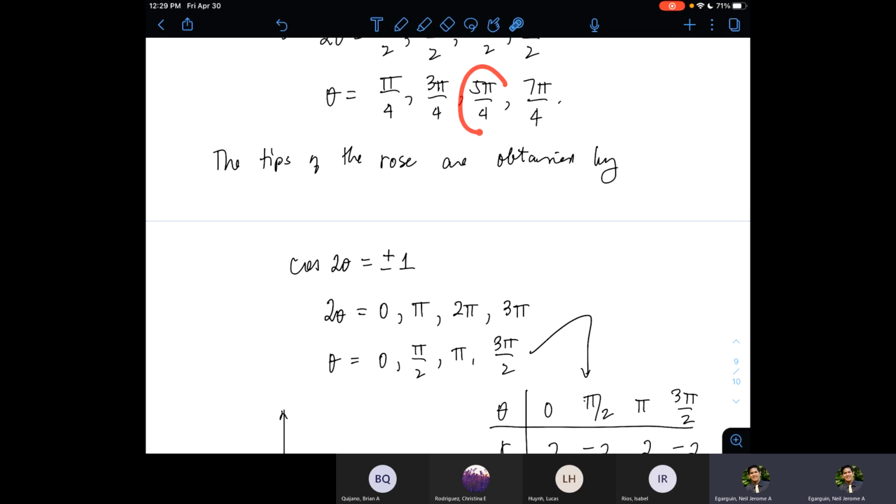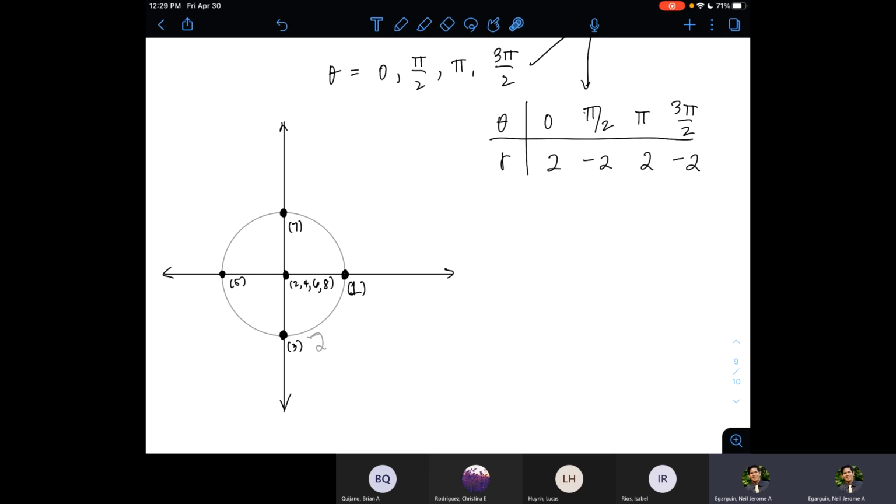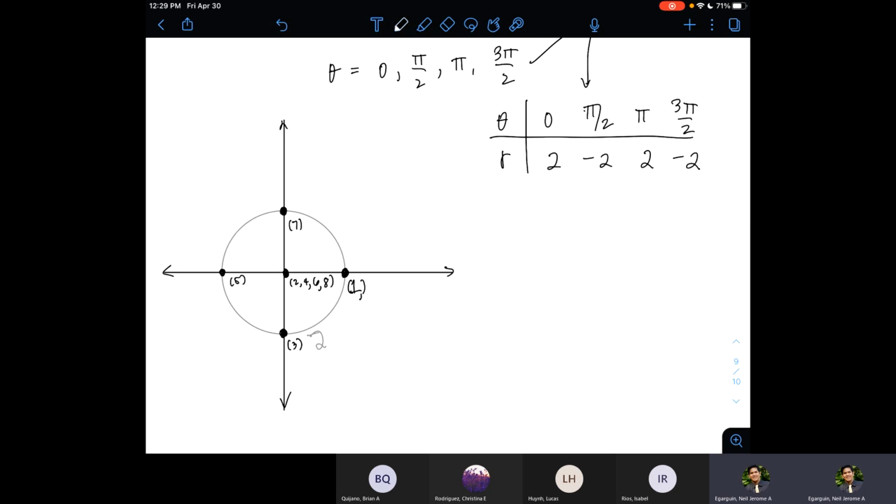And then after 5 pi over 4, we go to 3 pi over 2. At 3 pi over 2, supposedly we're here, but since r is negative 2, we plot in the opposite direction. So here would be our 7th point. And then the 8th point would be at 7 pi over 4. And then the 9th point would be here again, because it will just coincide with 0 and 2 pi.